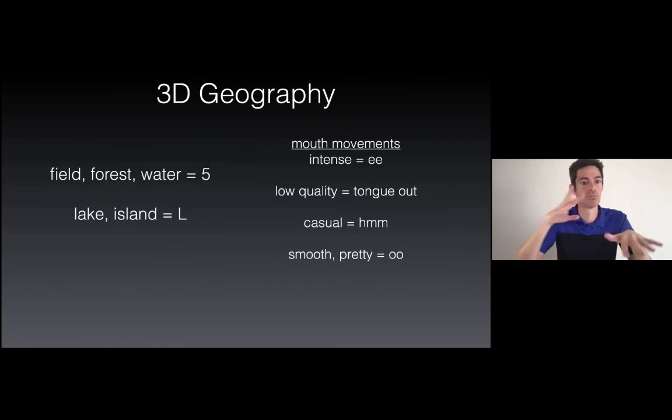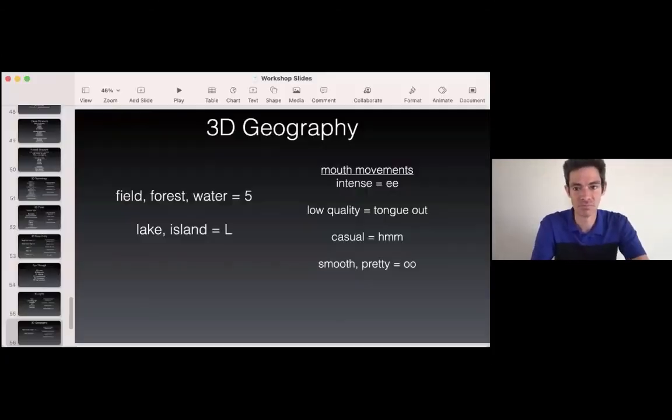But anyway, yes, water, body of water. When you show an area with water, lake, and then show the lake size. Island, you can show the size and texture of the land. You can show the intensity and whether it's moving with your tongue out, it's really kind of rough or casual with your different mouth morphemes.